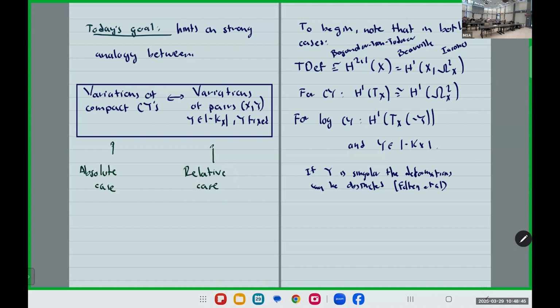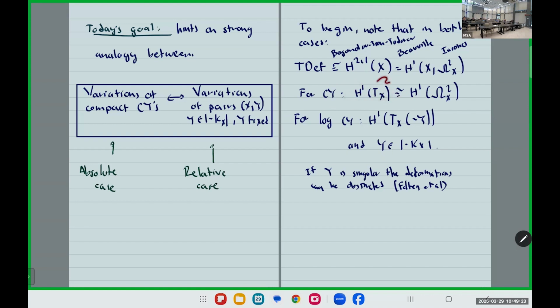For example, we can start by noting that the tangent space to the space of deformations, the universal space of deformation, is controlled by H^1 of X, Omega_X squared. In the classical absolute case, this is due to Bogomolov, Tian and Todorov, and in the relative case this was worked out by Bovio. Let me recall that in the Calabi-Yau case, this is the space controlling the deformation.